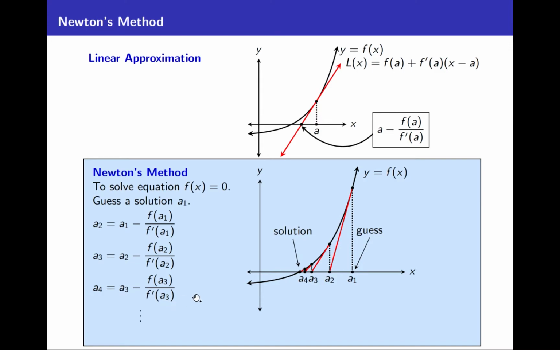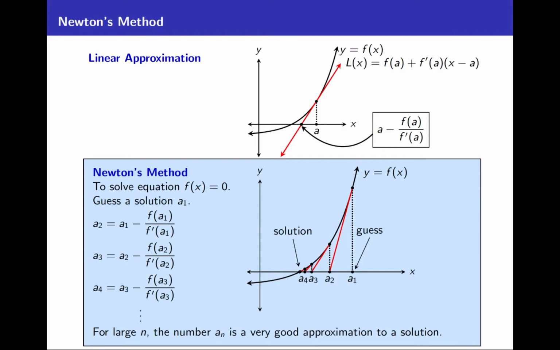Now you keep going. You carry that process out, and you're getting a sequence of numbers, a1, a2, a3, a4, a5, and so on, and they're getting closer and closer to that solution. For large n, the number an is a very good approximation to a solution.